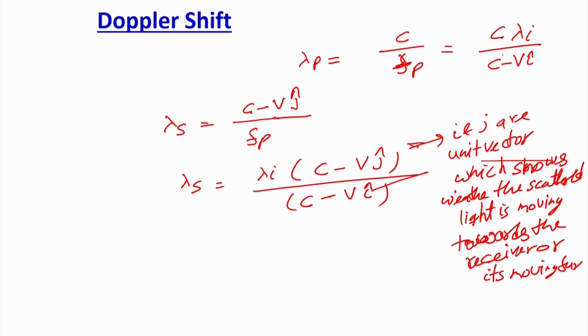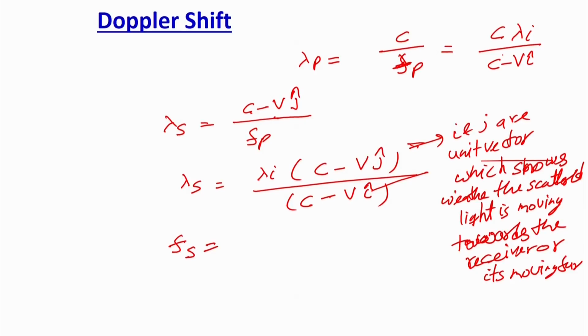Now, we have calculated the lambda s, the wavelength of the light that the source will have. Okay. Now, we are going to say that where the scattered light has moved, the wavelength of that scattered light we have already calculated. So, now we can calculate the value of f s, and f s will be again c upon lambda s.